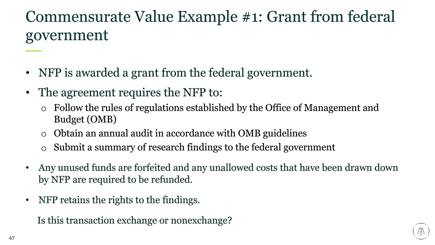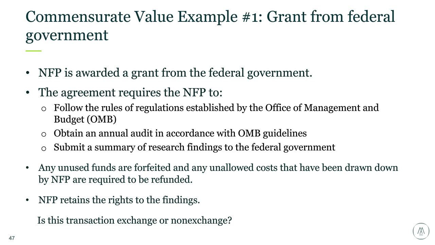It's a research grant. It also requires that any unused funds are forfeited, as well as any unallowed costs that have been drawn down must be refunded. The not-for-profit organization then retains the rights to the findings after they've performed the research.